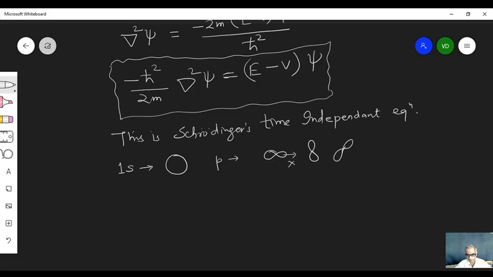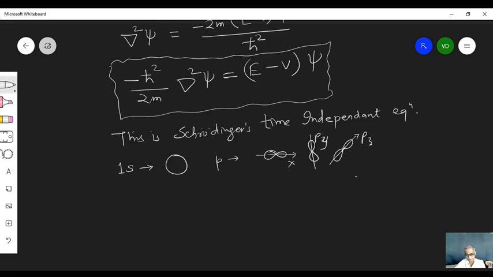So this is the x-axis, so this is px, and then py and pz. All these shapes are because of the values of energy and potential energy, and by solving this equation we get the wave function, and then the wave function can be drawn across, say, x, y and z. So depending upon that you get these values.